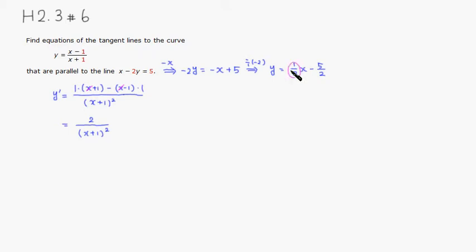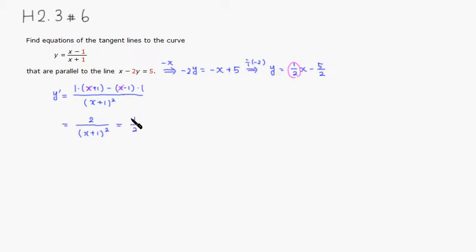So we can see that the slope shows up right here. The slope is 1/2. The derivative tells you about the slope of the tangent line. So we want the derivative to be equal to 1/2 because they're parallel, which means that they have the same slopes. So we set these equal to each other, 2 over (x plus 1) squared equals 1 over 2.